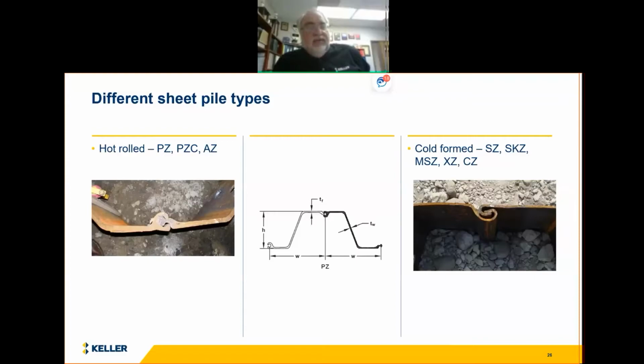And so they're hot rolled. They have an interlocking connector that's rolled in and it's pretty robust. They're more expensive than the cold form. The cold forms don't have the same capacity. They're a bit weaker, but they're just basically cold formed or bent in place and thinner, but much less expensive. So both are used in many different applications.